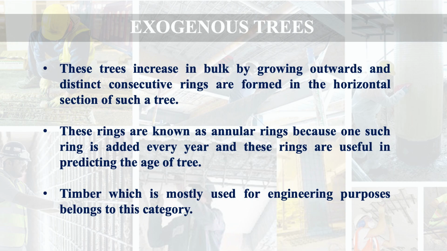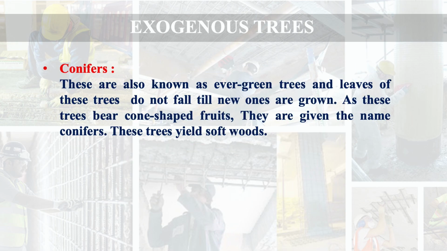And in this, what are the different types? First is conifers. These are also known as evergreen trees, and leaves of these trees do not fall till new leaves are grown. As these trees bear cone-shaped fruit, they are given the name conifers.